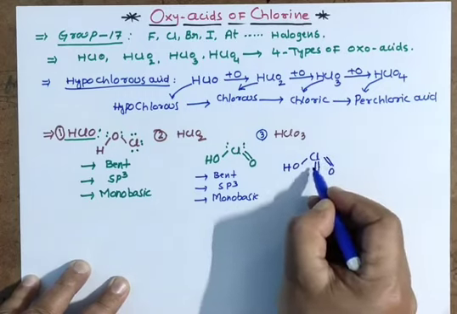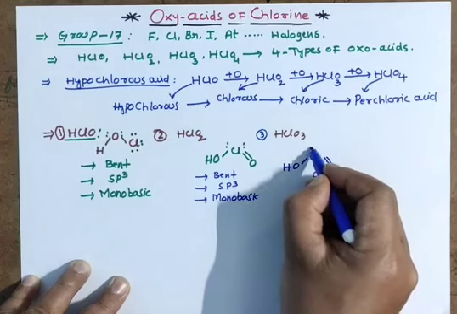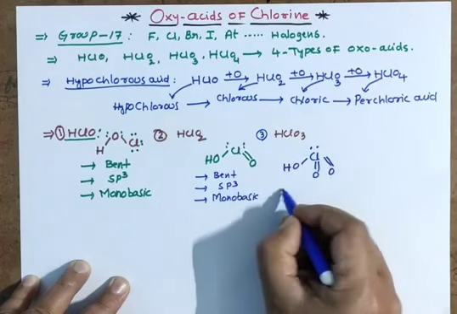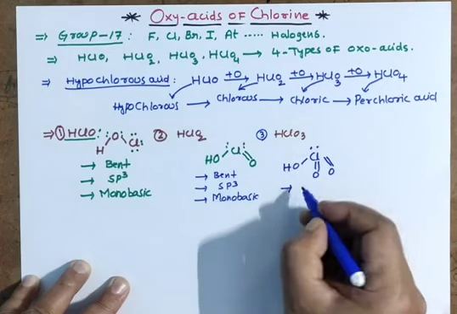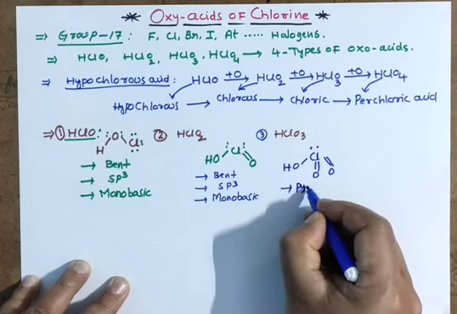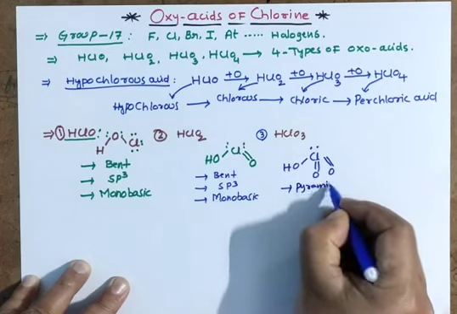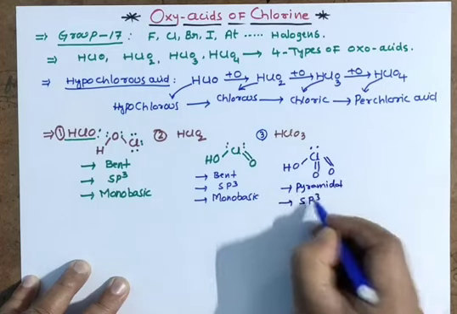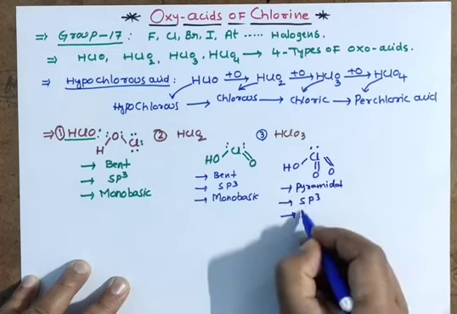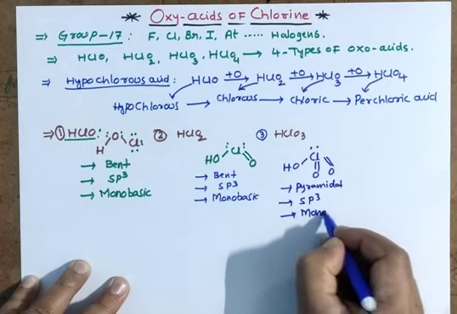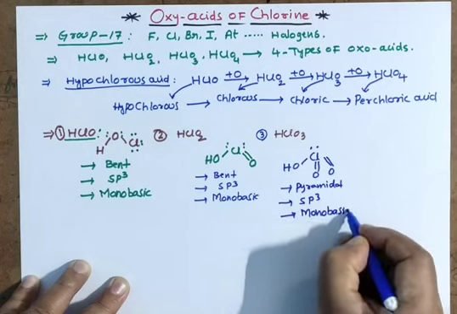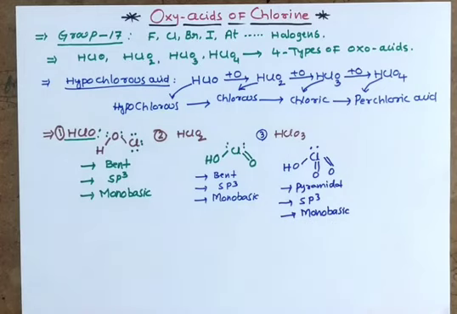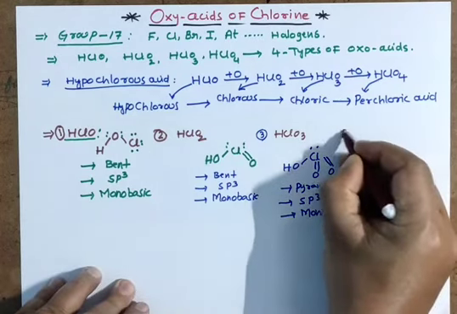So 1 lone pair is present. The shape we are calling pyramidal shape. Hybridization, as you learned already, sp3, and it is also having one OH group. That's why monobasic.